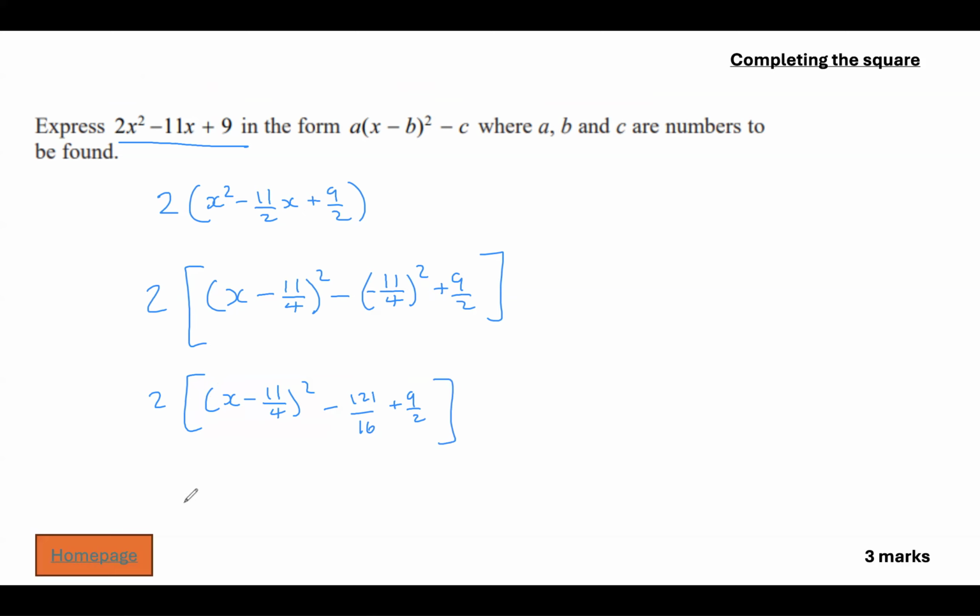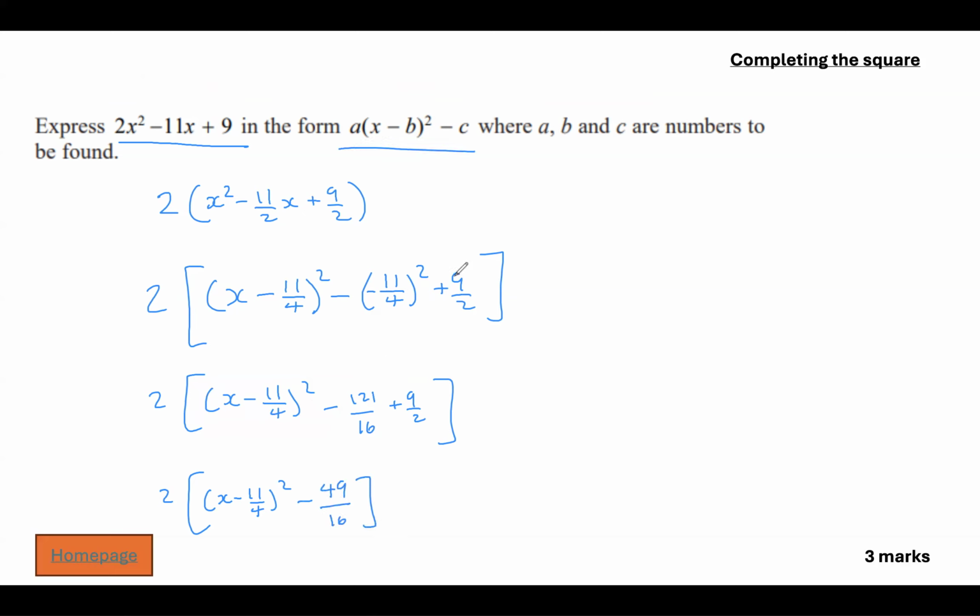And then we could tidy this up even a bit more. Minus 121 over 16 plus 9 over 2 gives us minus 49 over 16.